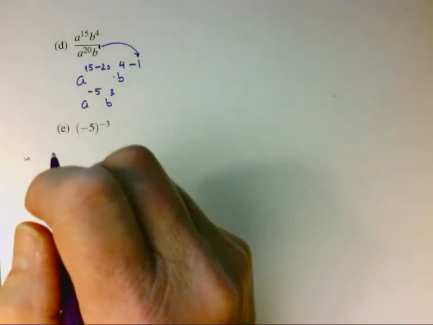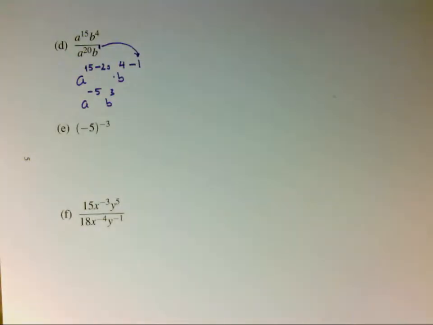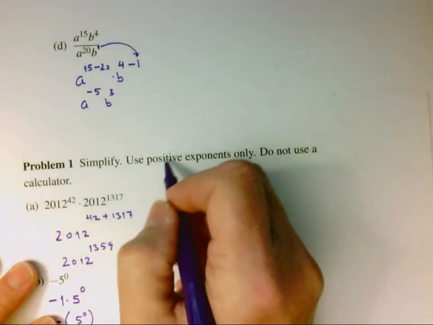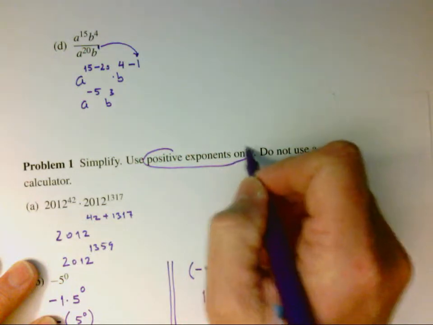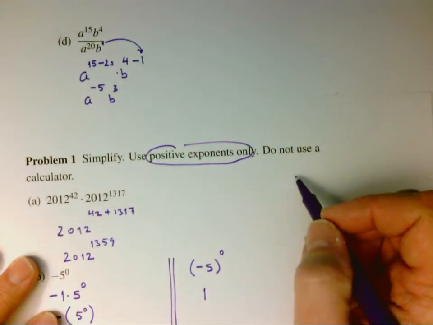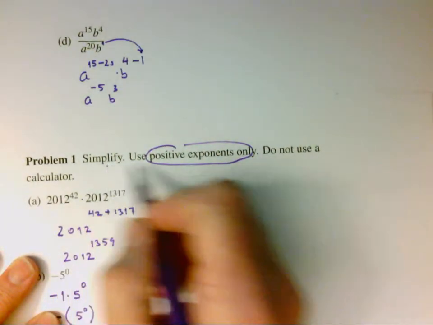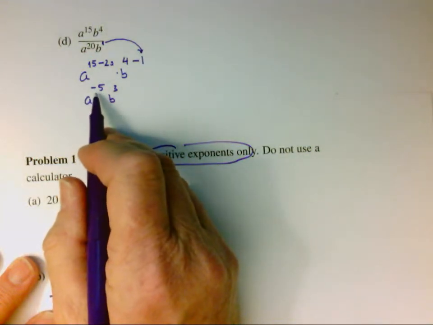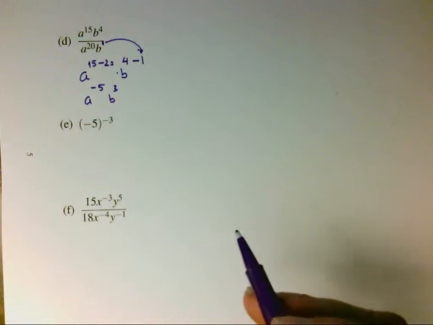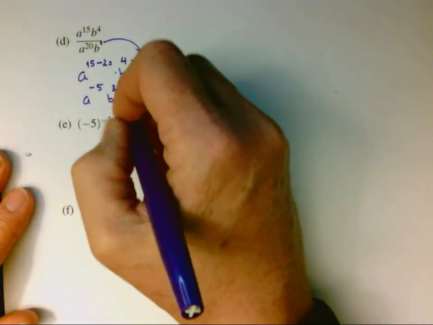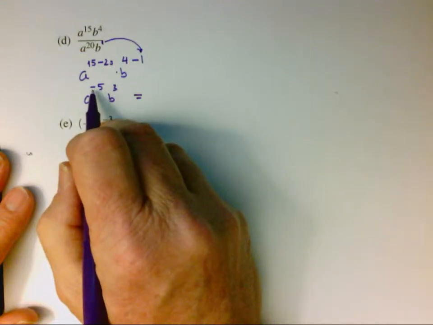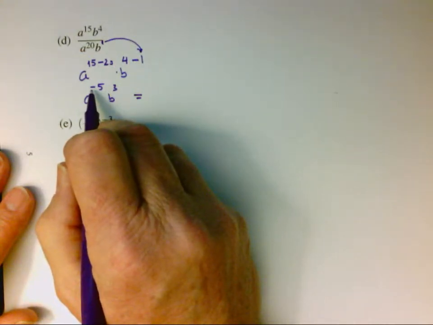Now if you look back on the last page, they said that they want positive exponents only. That's usually what people consider simplified form. So if we're simplifying, we want positive exponents only, we've got to do something with that negative 5. Well, anything with a negative exponent is really a reciprocal.